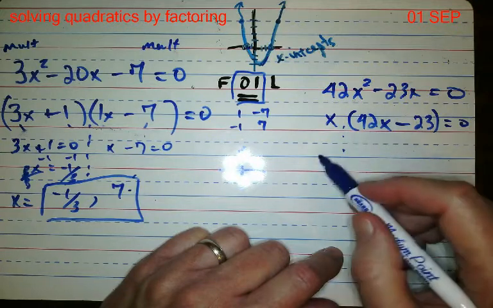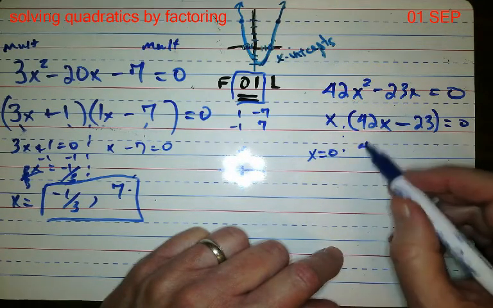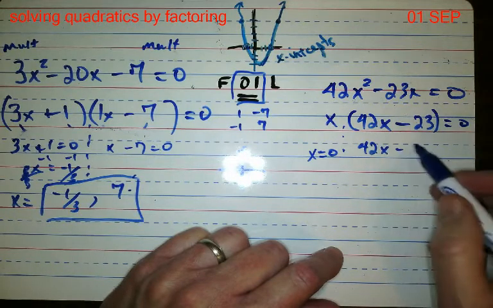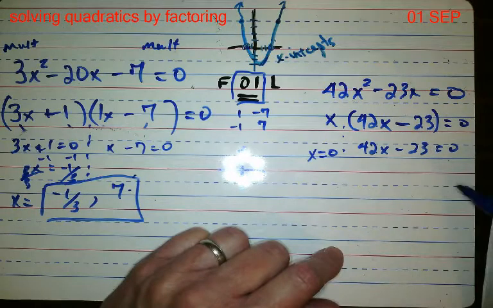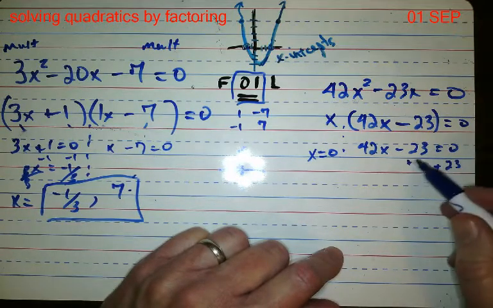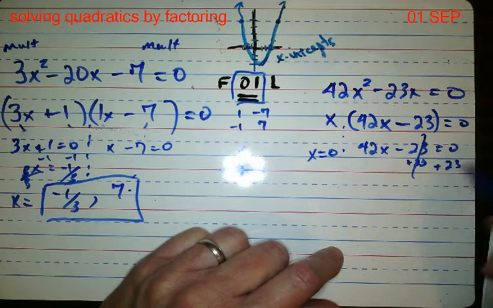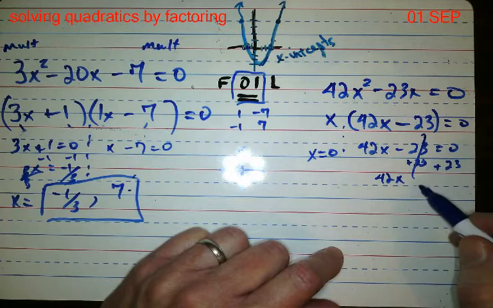Now then, we know that this x equals, that's easy, but this one, holy smokes, look at that. But it's like the one we did over there. You have to add 23. That goes that away. You have 42x equals 23.